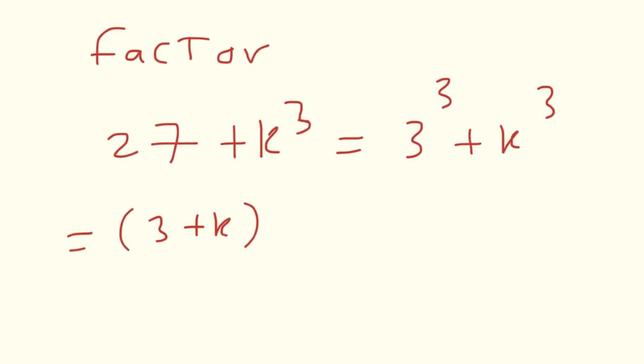That's the first part. Same sign, because this is already positive. The second part will be what? 3 squared, also k squared, positive. And then 3 times k, minus, because it should be the opposite sign. That's already positive, that's also positive, but this should be negative. Clear the rule, how you apply it?